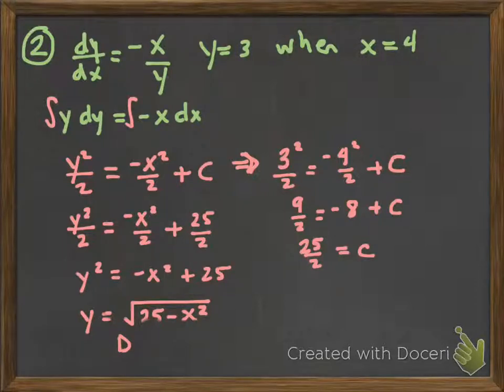So if I have negative x over y, and this is the top half of a circle, y can't equal 0. Can y not equal 0? When it's in your derivative, it would give you y's on the bottom, so that would make it undefined. Does that make sense?